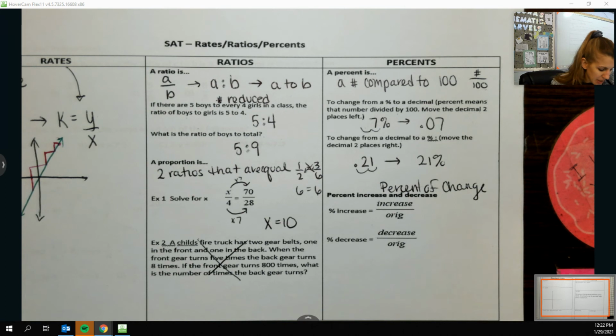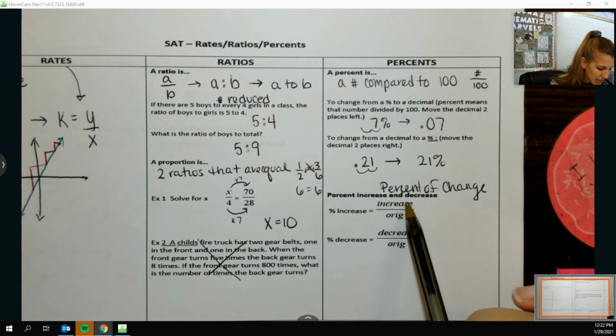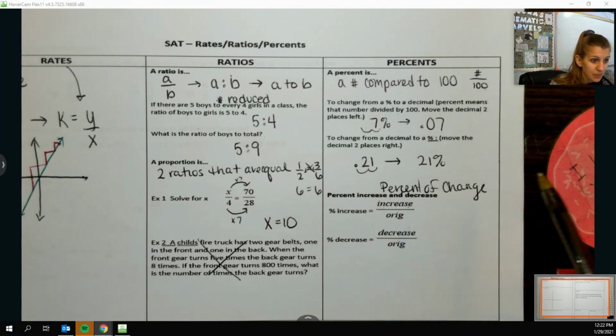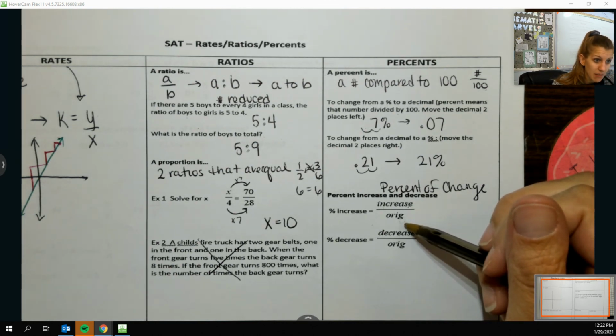To find the percent of change of something, you would do the increased amount over the original amount. To find the increased amount, you really have to subtract what it is now from what it was. That's the difference, and then the original amount goes on bottom.